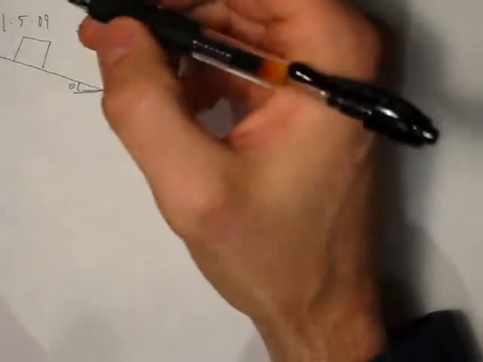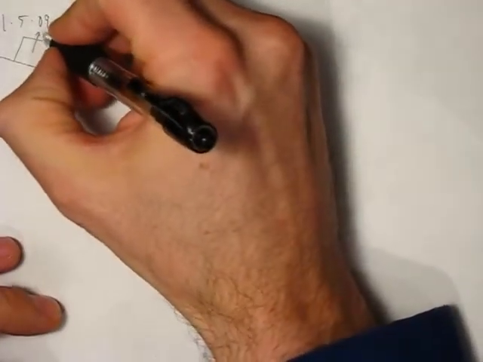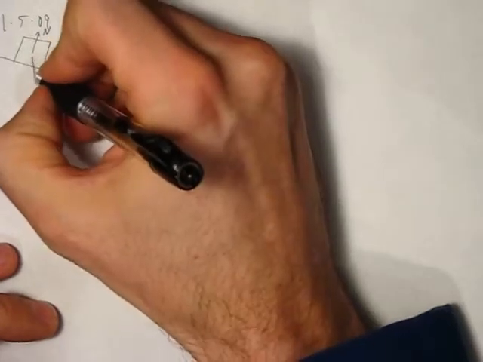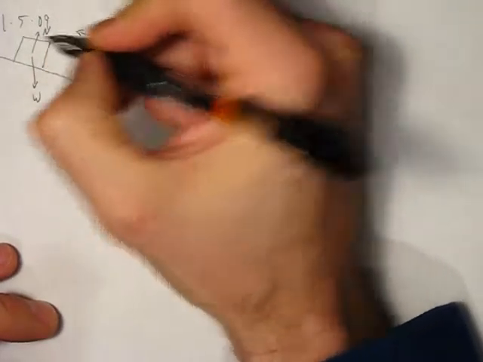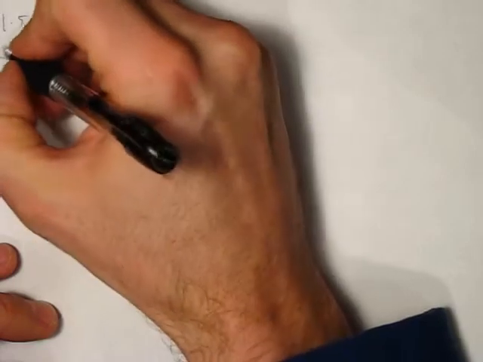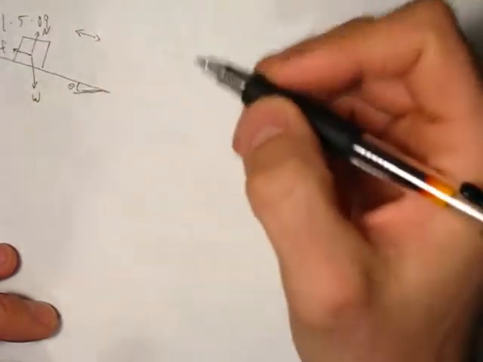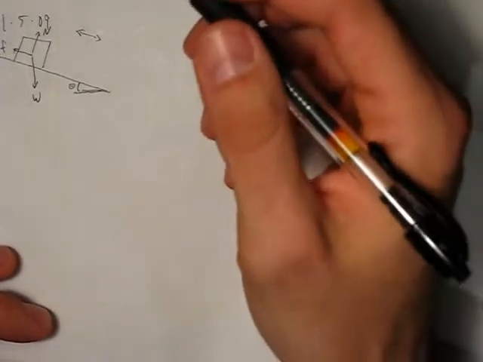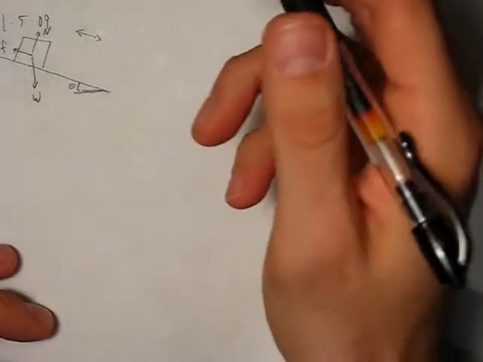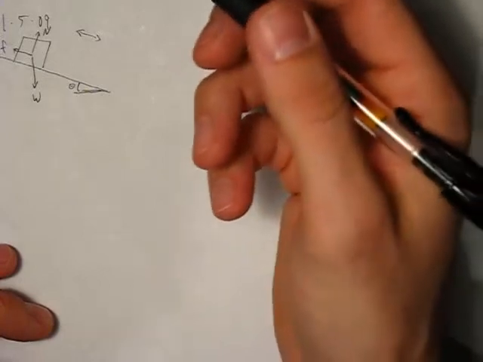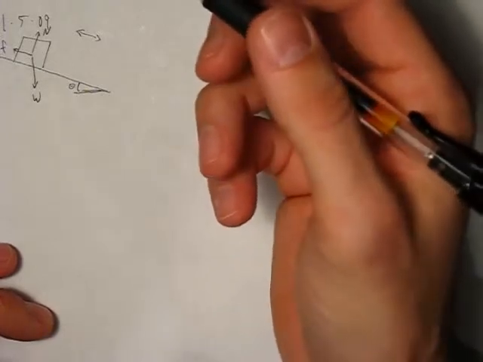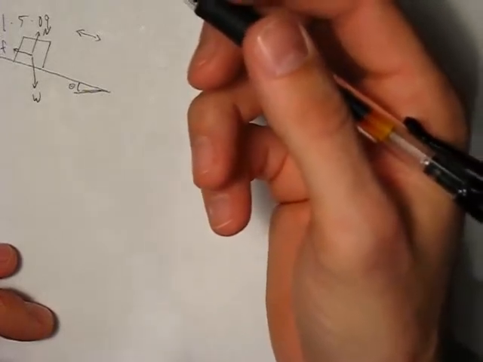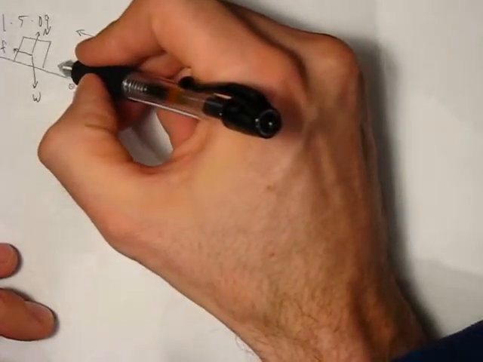So if we put some forces on here, we've got the normal force, we've got the weight straight down, and we've got friction parallel to and up the hill. And when you put something on a surface, if you just place it there and leave it at rest, well, maybe it'll slide, maybe it won't. In order to figure that out, we have to compare the force that's trying to pull it down the hill to the friction force.